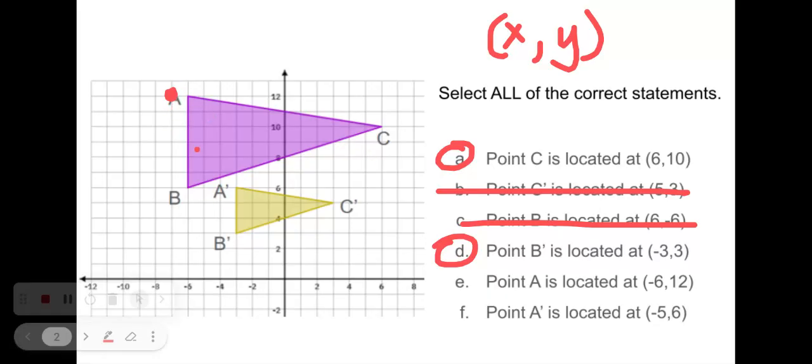For the purple triangle, point A is actually right here. So this is incorrect. And then the last one, point A prime, is (-5, 6). Start at 0. We're going to go left 5 and up 6. Right here. That is not A prime. That is B. A prime's right here. So this one's incorrect.